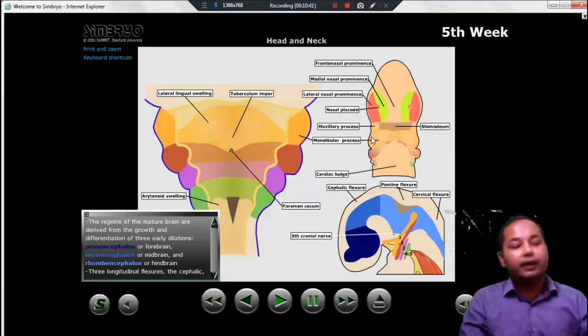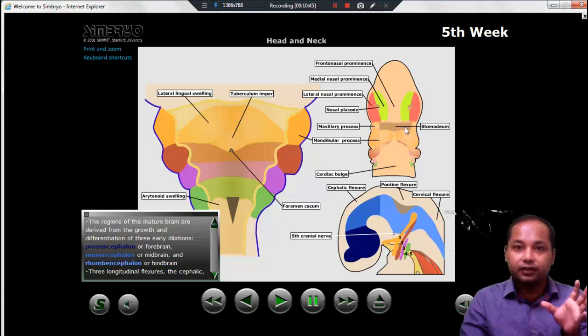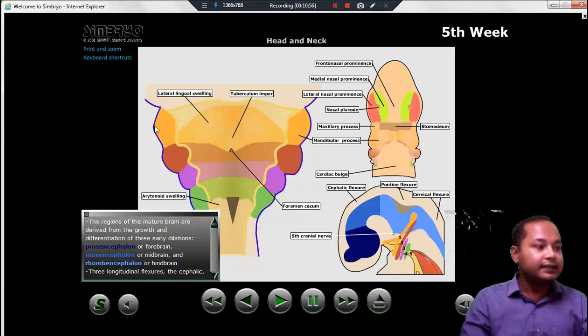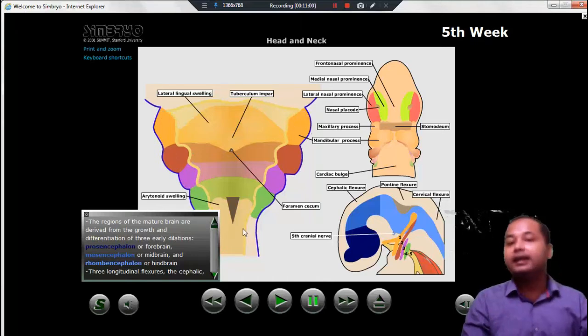I just want to orient you to this diagram, because the embryological part of the glands is more related to this: all 3 glands, thyroid, parathyroid and thymus.